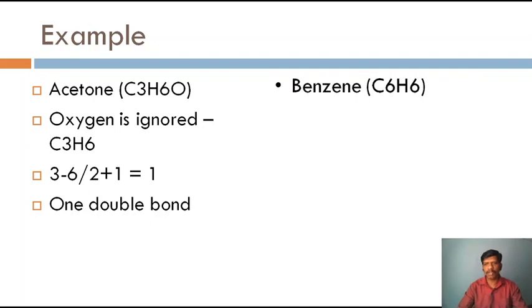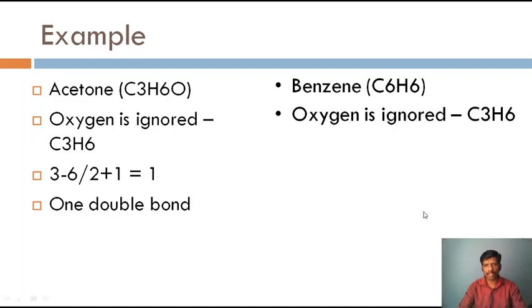If you take benzene as an example, it has C6H6. There is a mistake here. Let us ignore that mistake. The second line is copied from the previous, right? Third, if you apply the formula, 6 minus 6 by 2 plus 1. 6 by 2 gives value 3. 6 minus 3 is 3 and plus 1, that is equal to 4.